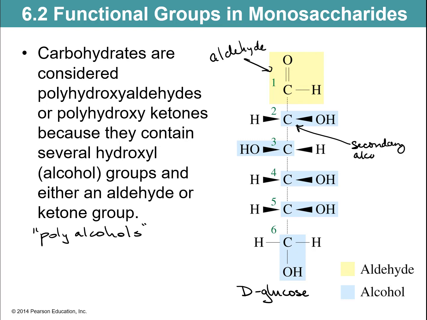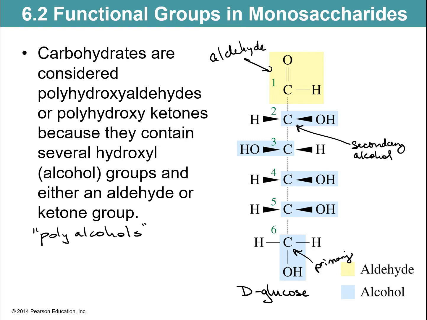They'd call that a secondary alcohol because there's a carbon above and below that it's attached to. But then what about this one? What would you call this alcohol? It'd be a primary because it's only attached to one. Do you see that the alcohol is attached to a carbon that's only attached to one other carbon? So this one you'd call a primary alcohol.